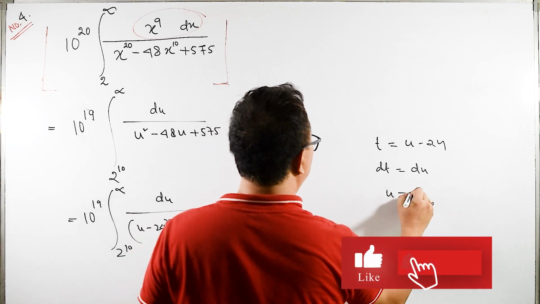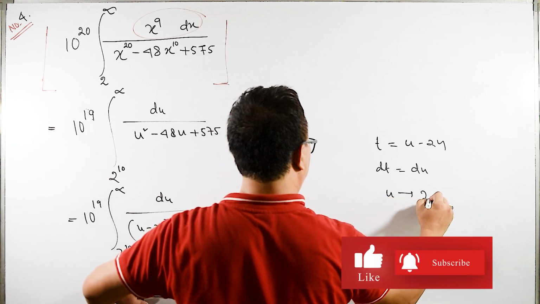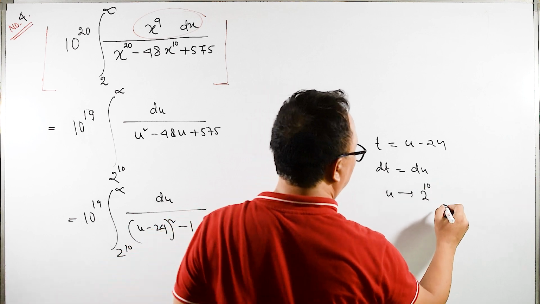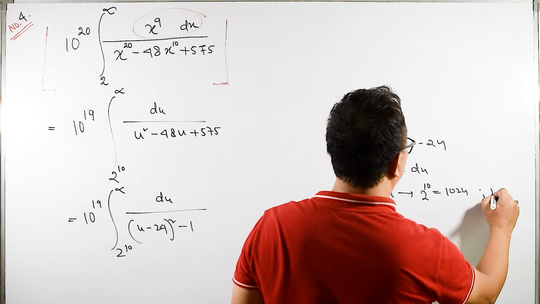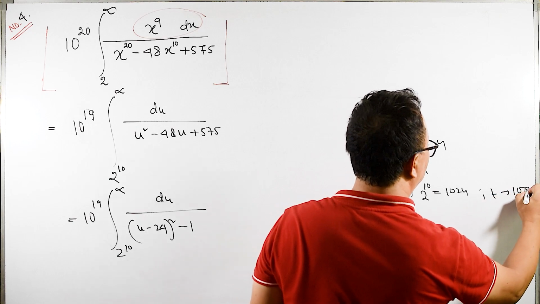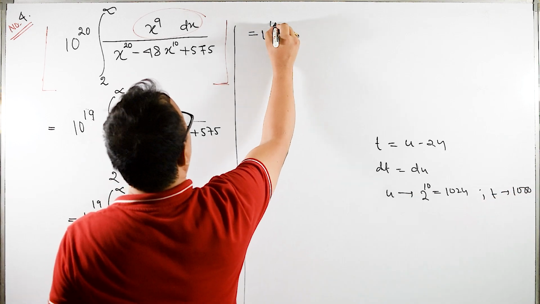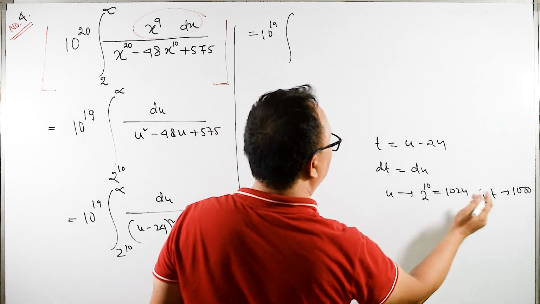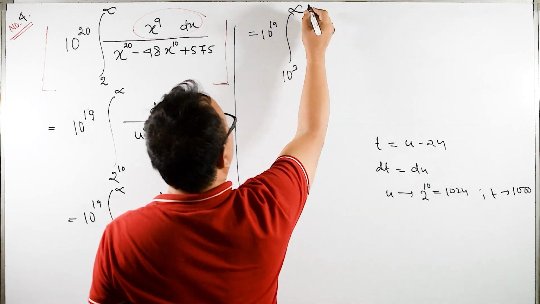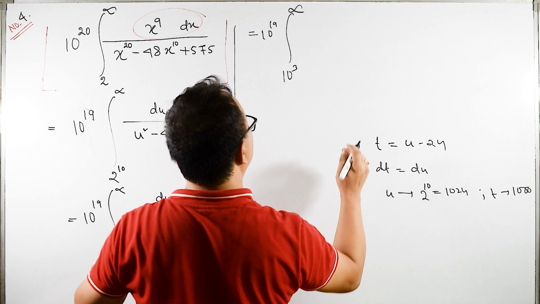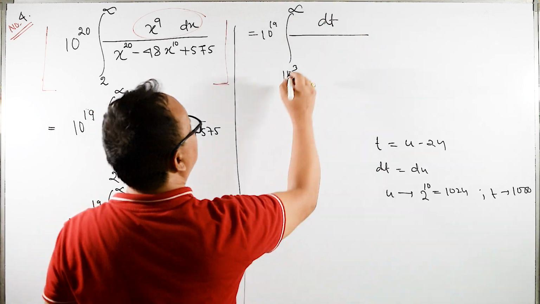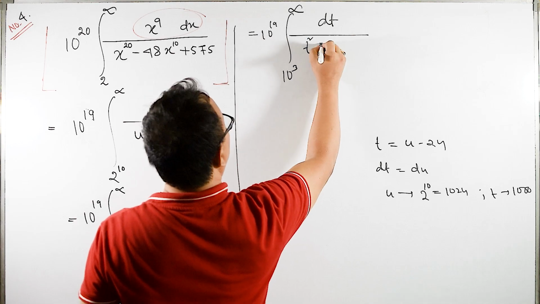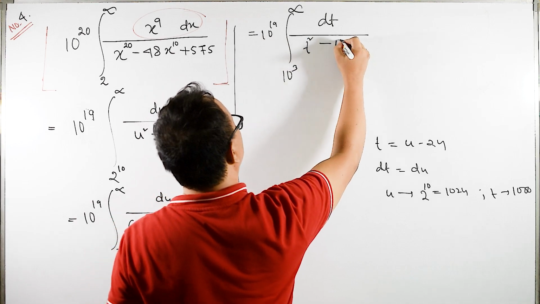When u tends to 2 raised to 10, which is 1024, then t tends to 1000. So it equals 10 raised to 19 integral from 10 raised to 3 to infinity, dt upon t square minus 1, where 1 is the same as 1 square.